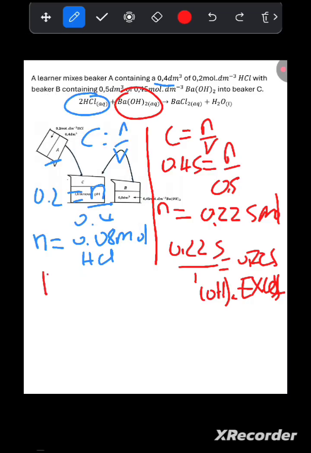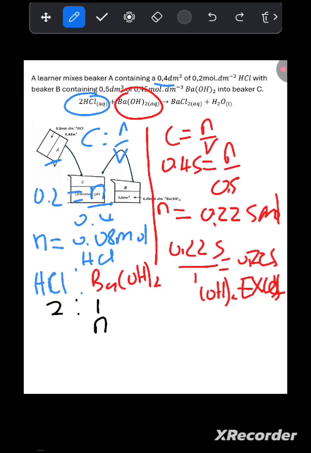So we say this is HCl to barium hydroxide. The ratio here is 2:1.